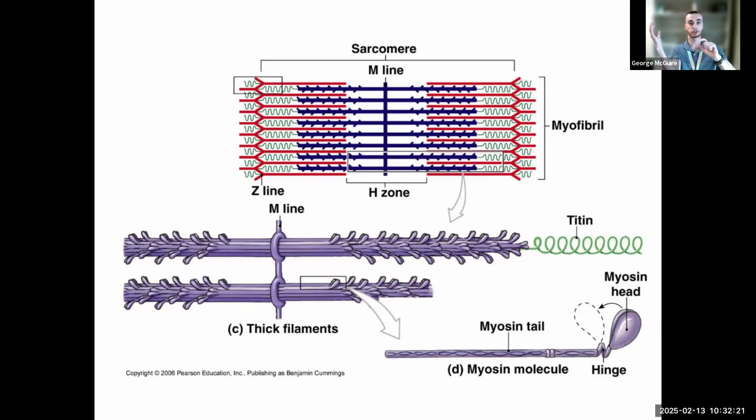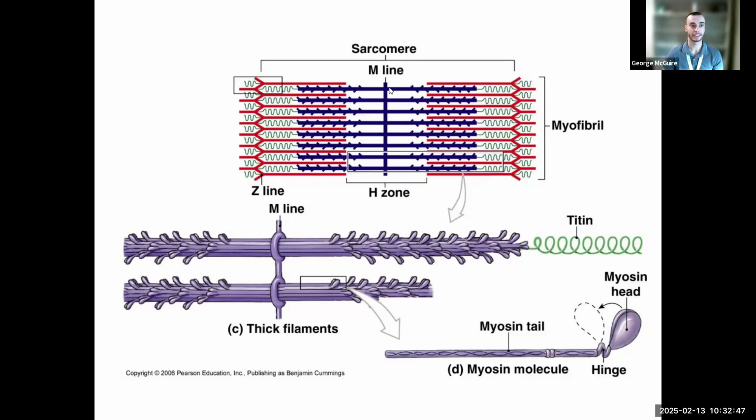Once that troponin binds with calcium and moves tropomyosin and now exposes the active site of G-actin, that is going to allow that myosin head to attach to it. Again, like a magnet, they attract each other. And then that myosin head will power stroke, will push along that hinge, like you see shown here. It'll bring that thin filament closer to the center, towards that M line.